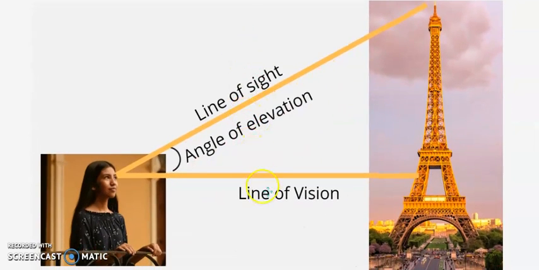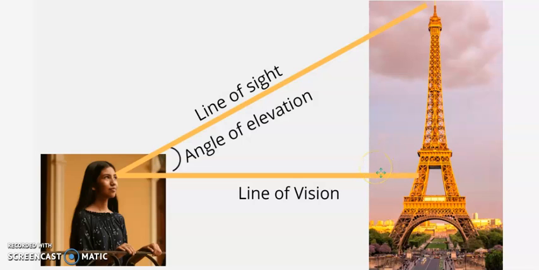So as you can see here, there's a picture wherein a girl is standing in the balcony of her hotel room and she's looking at, yes, the Eiffel Tower. So first of all, when the girl is looking straight, and whenever you or me or any person sits straight and has a straight vision, that is called the line of vision, which is always there.